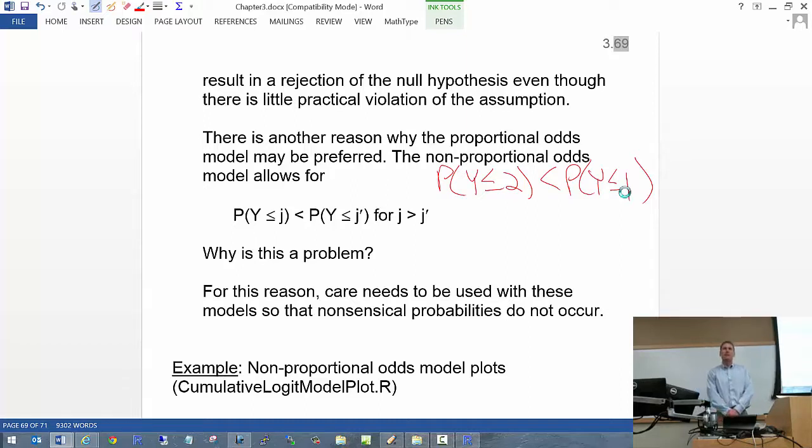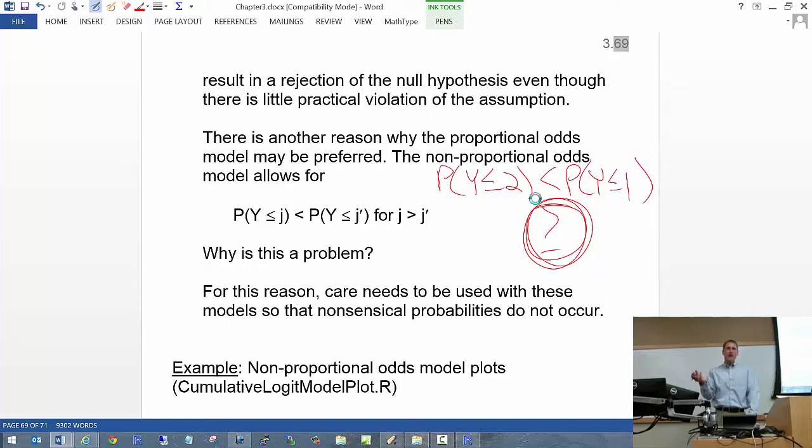Why is that a problem? This model says that could happen. And I'll show you an example of why it says it can happen. But first of all, why is that something that's very undesirable? Yeah, in fact, this has to happen, but this model allows for that top portion to happen, that less than.